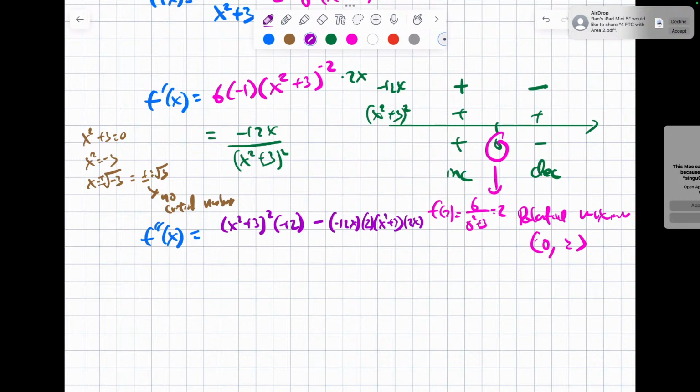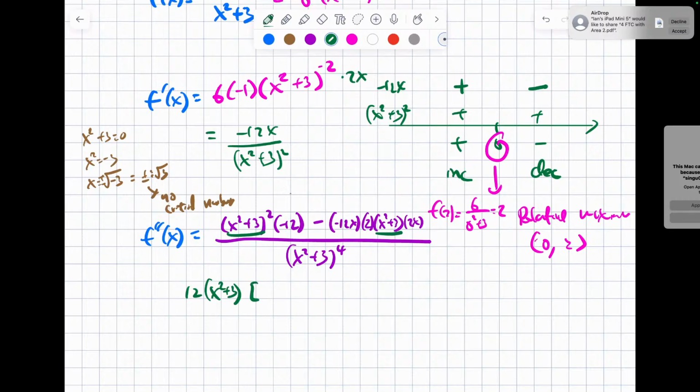Is that okay? Over x squared plus 3 to the which power? You see there's a GCF here, this and this. So I can factor x squared plus 3 out. And I'll even factor 12 out, just makes it a little bit easier.